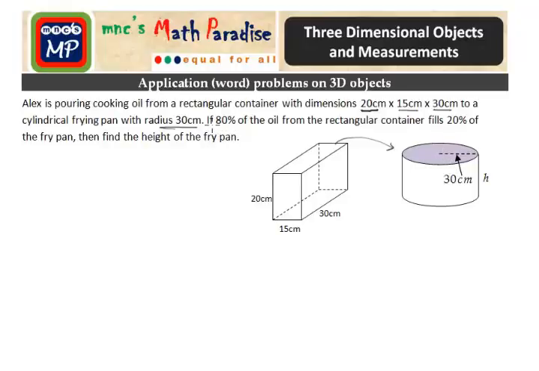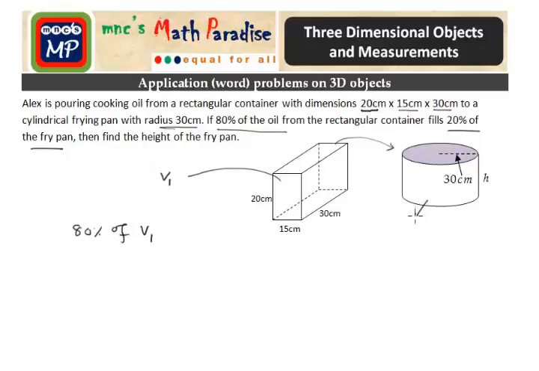Now, if 80% of the oil from the rectangular container fills 20% of the frying pan, then find the height of this frying pan. So, 80% of the oil, that is, this container has a volume V. Say we consider this volume V1, then 80% of this volume V1 will fill 20% of this frying pan.